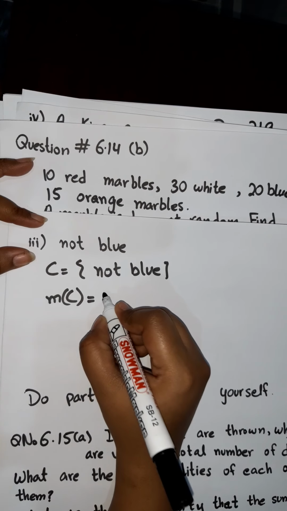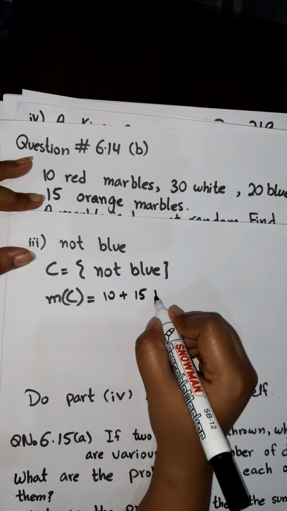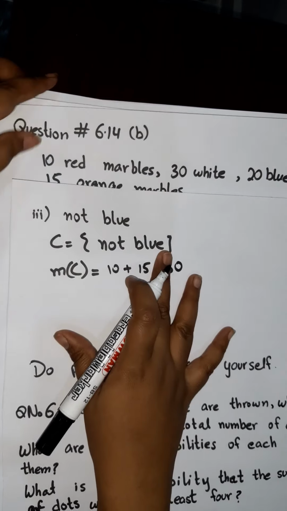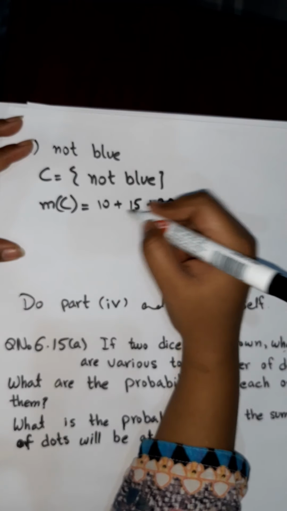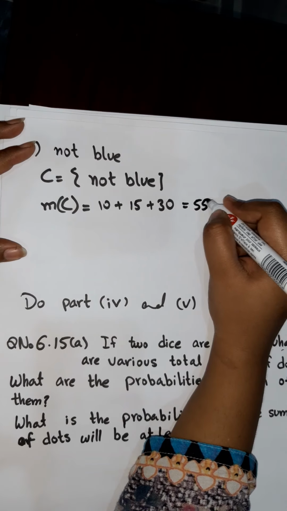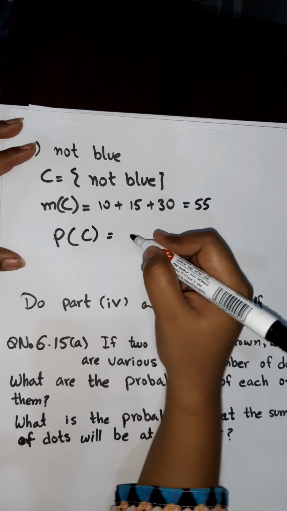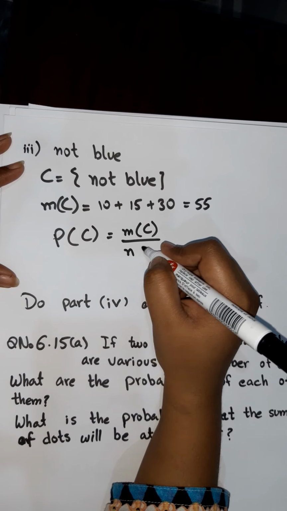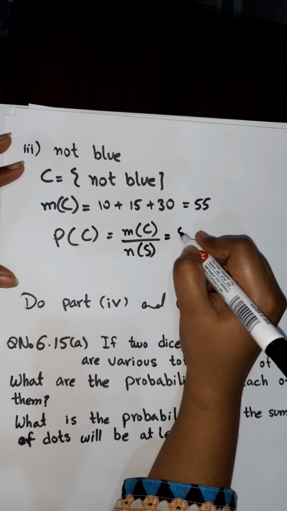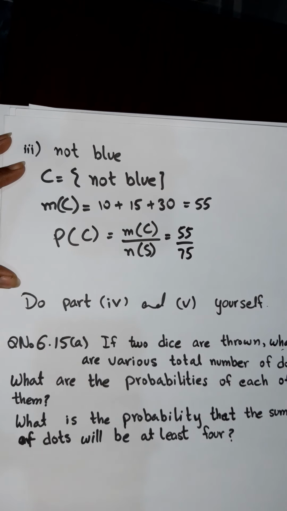So it can be red, orange or white, but not blue. 40 and 55. Now probability of event C will be n of C divided by n of S, which is 55 divided by 75.